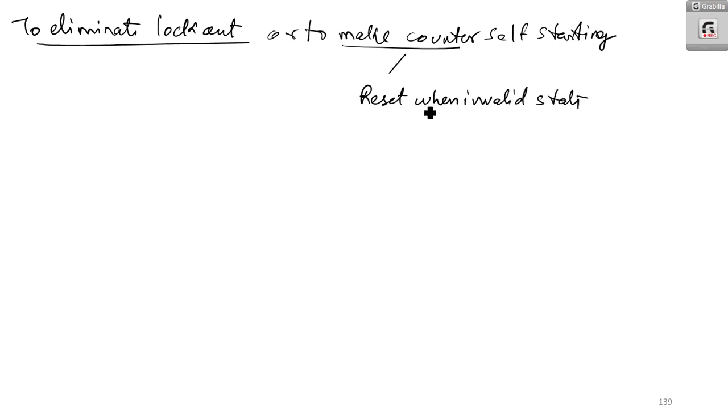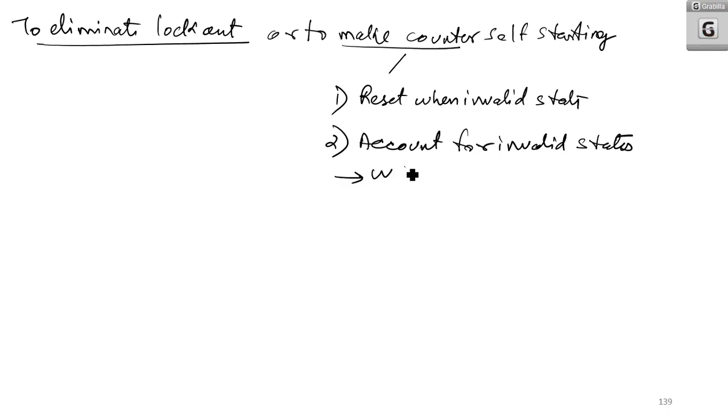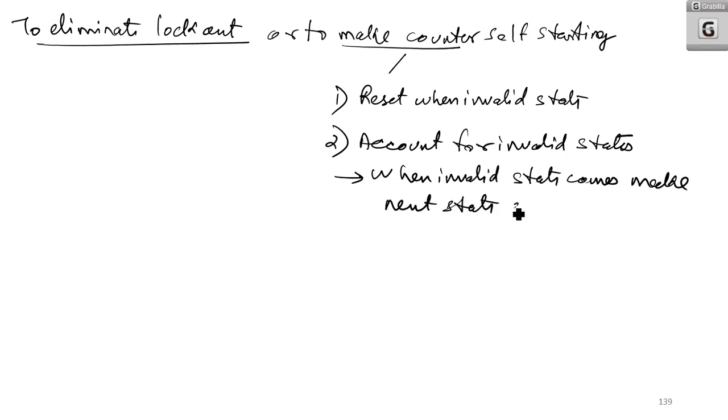Or the second method is to account for invalid states, in such a way that when an invalid state comes, make the next state a valid state.